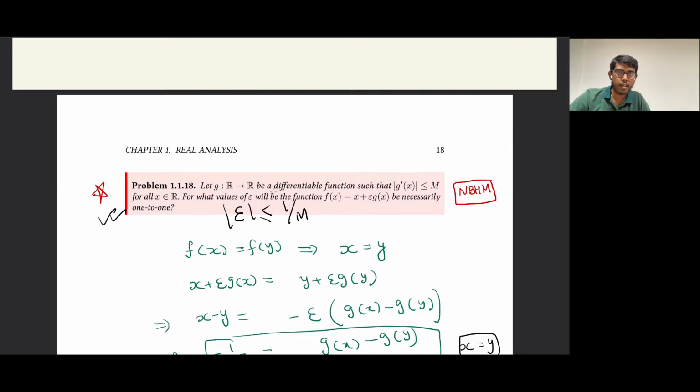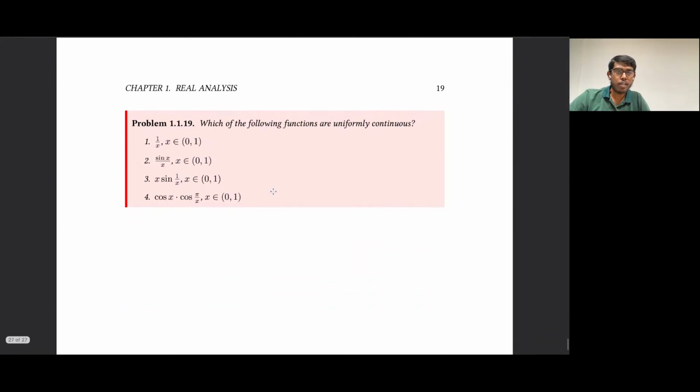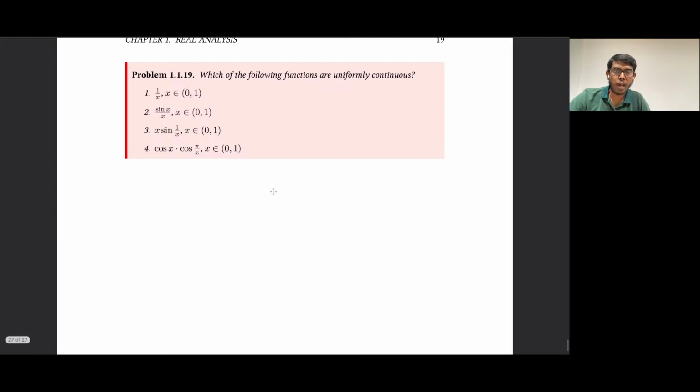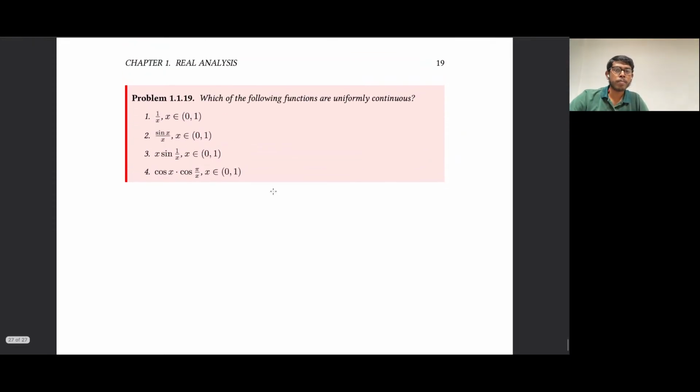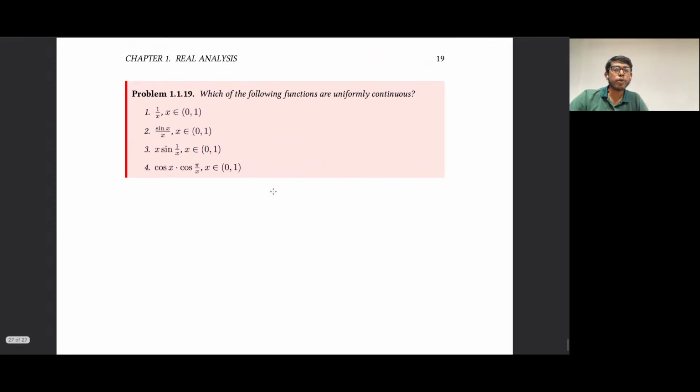Okay, thanks. Let's proceed to the last problem of today. Which of the following functions are uniformly continuous on the given intervals? Please tell the correct answers.